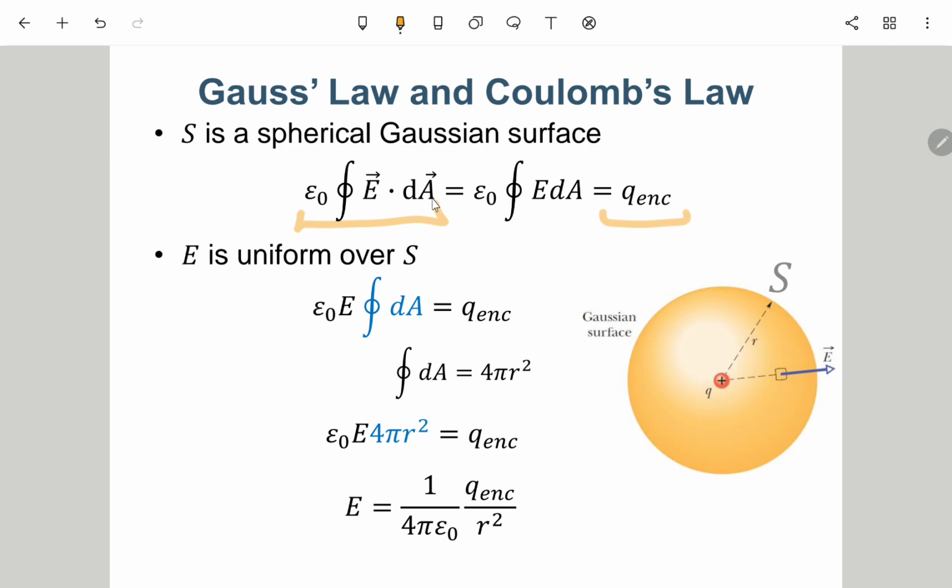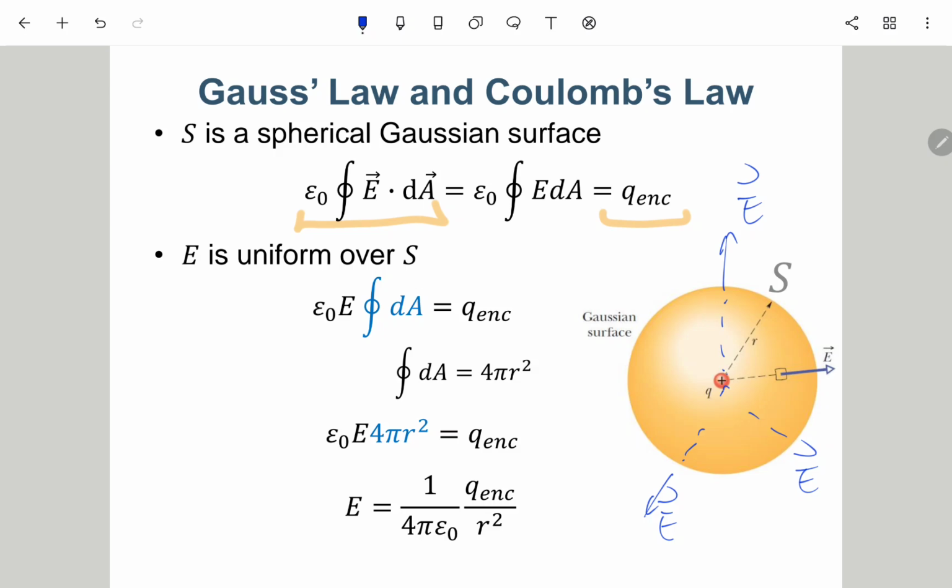According to what we learned before, the E field is always pointing outside, of course going through the charge and then pointing outward. For example, something like this for different directions. We will have E pointing outside.